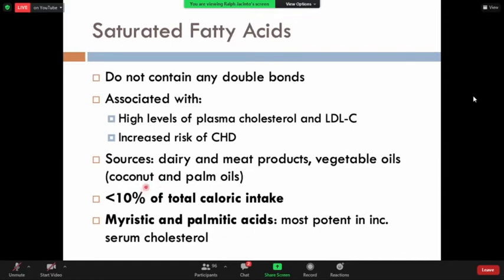Your coconut oil would contain lots of myristic and lauric acid. Palm oils would contain lots of palmitic acids. Now, take note that our saturated fatty acids should not be greater than 10% of our total calories that we take in. So it should be less than 10%.